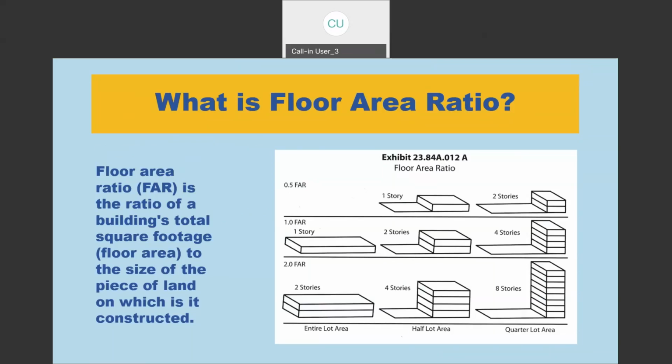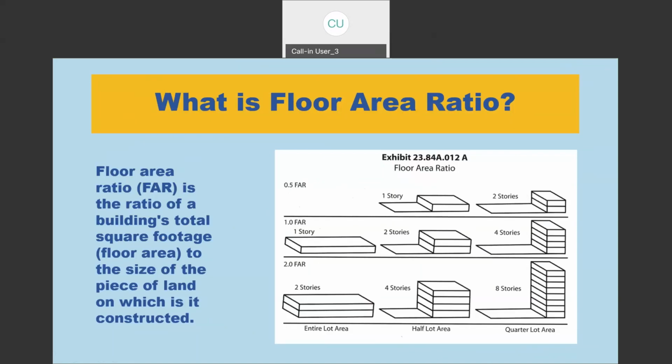You can get an idea of it here. I don't know if you can see my cursor, but in the top one, you have a 0.5 FAR. So the bottom square is your lot area, and this box on top of it is the amount of FAR that's permitted. So you get half of your total lot area.